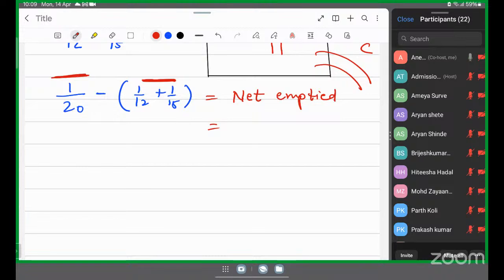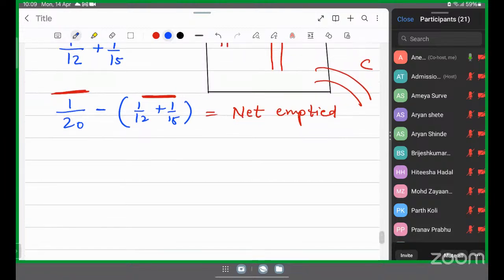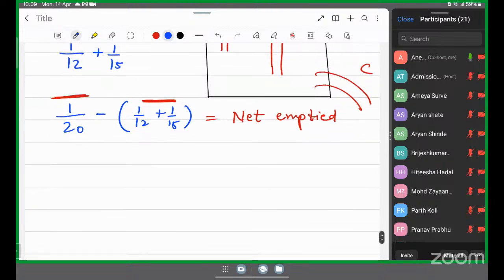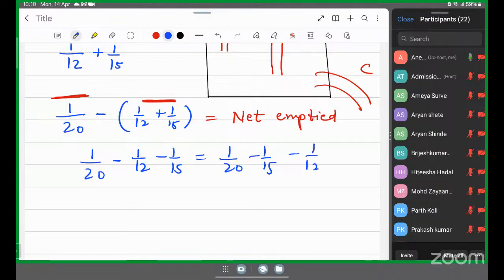If you simplify it, how much will this be? This will be 1 by 20 minus 1 by 12 minus 1 by 15. 1 by 20 minus 1 by 15 minus 1 by 12.